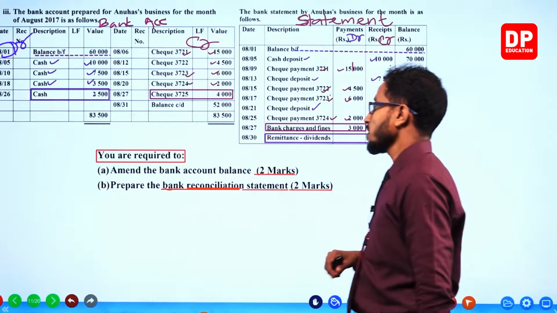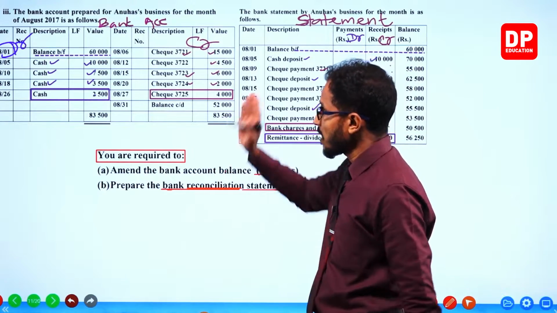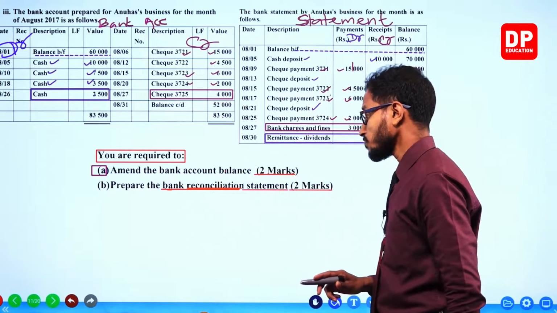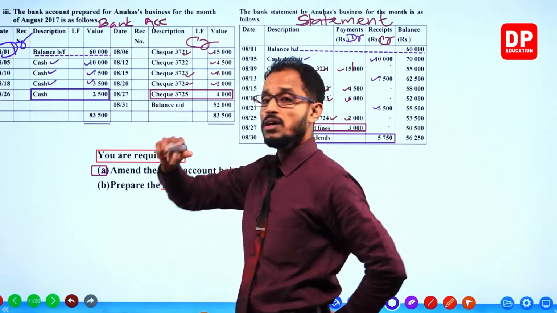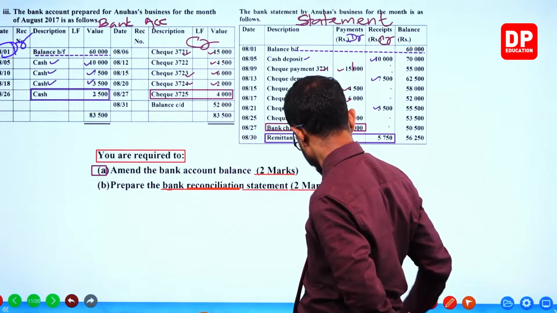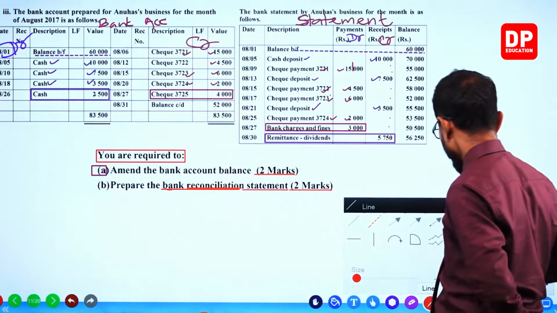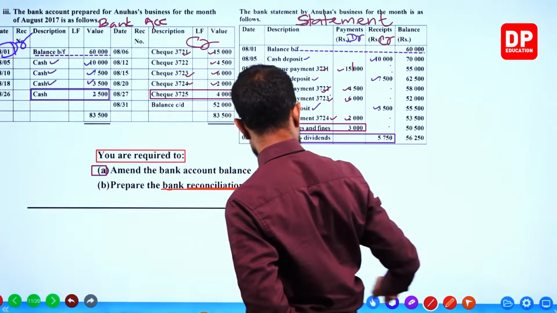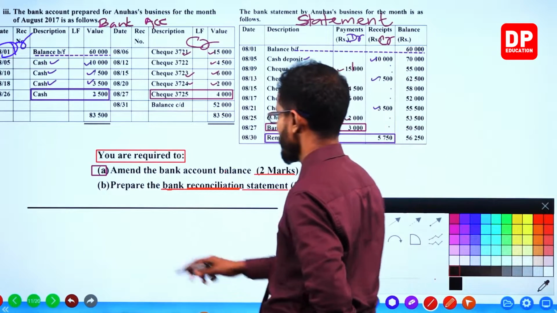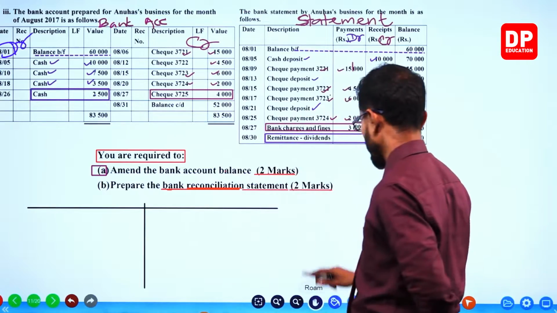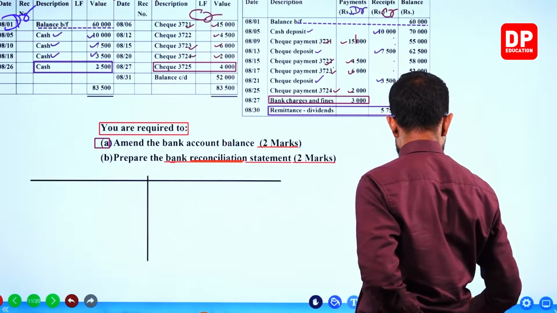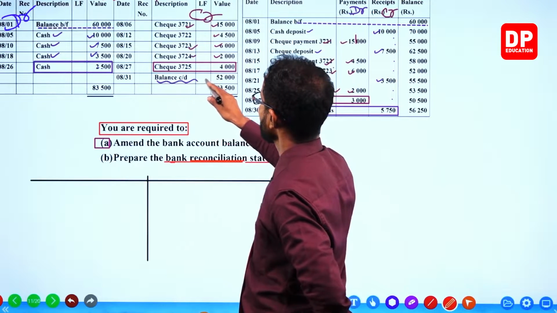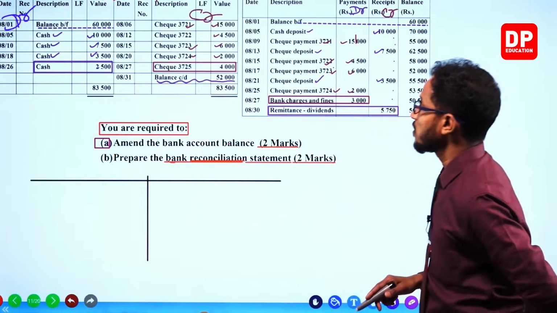Okay, now let's first do this one. Amend the bank account balance, which means we have to correct our bank account. Let's prepare our bank account. I'm just going to draw a T account. I'm going to record the final balance which we marked.